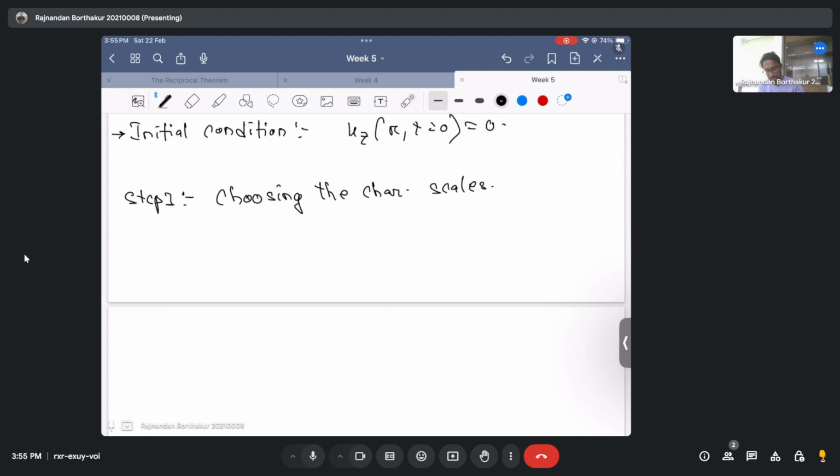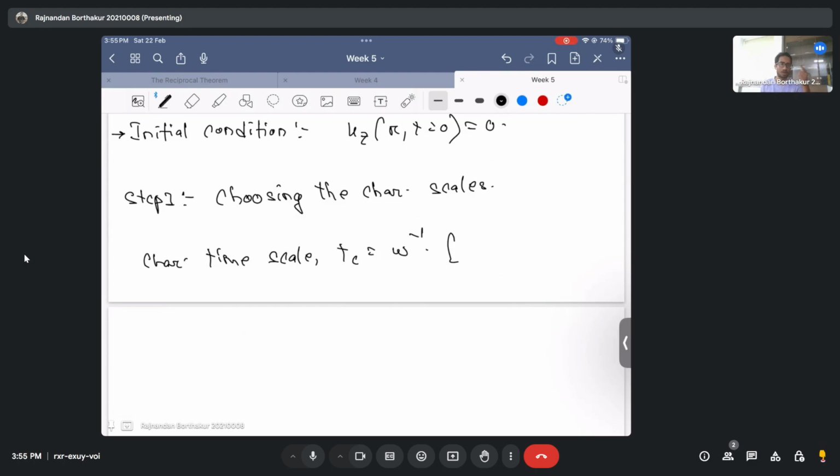So the characteristic time scale, which we call TC, is nothing but omega inverse. That is the imposed time scale that we have. Remember that we saw a problem where a bird flaps its wings with some given frequency omega.